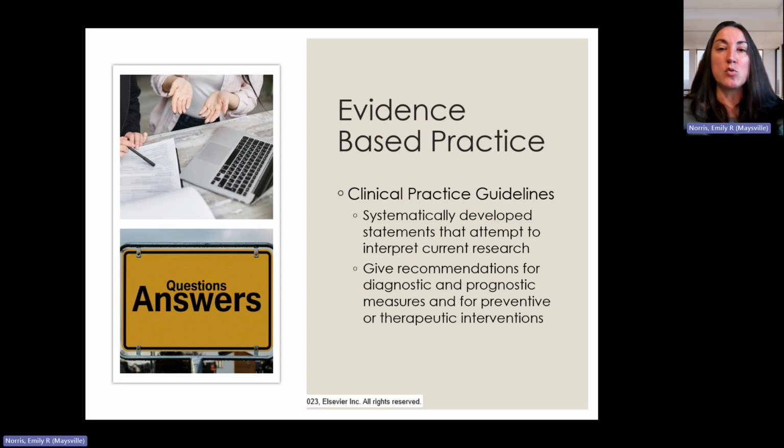There are also clinical practice guidelines, and these are basically statements developed where groups go through and read the current research, interpret it, and come up with statements on what they recommend using or not using for different ailments or different populations, based on the current research. So it takes some of the work out for you. They give their recommendations on what to use and what not to use based on current evidence.